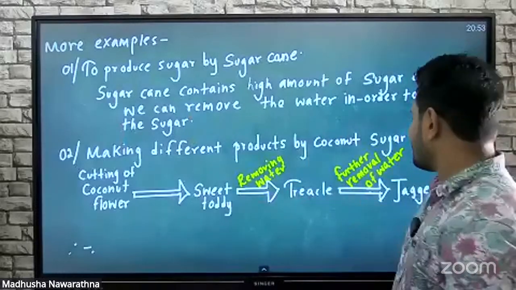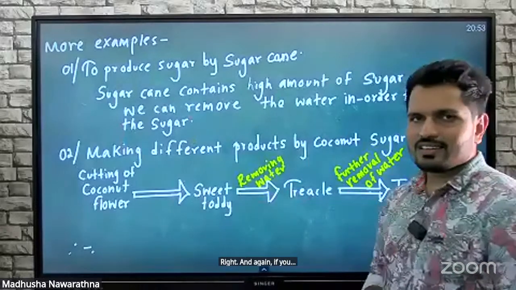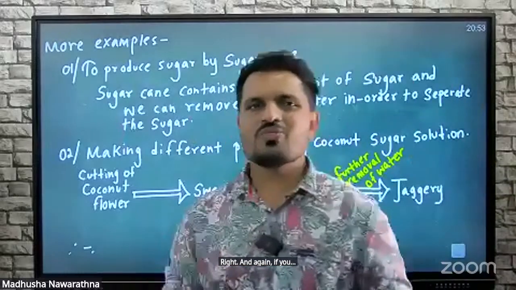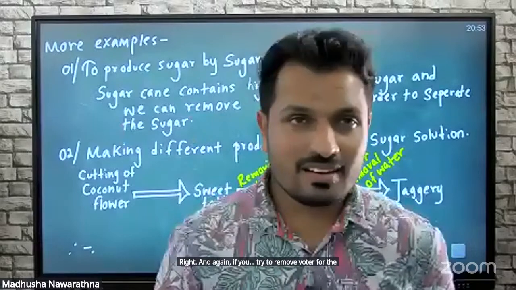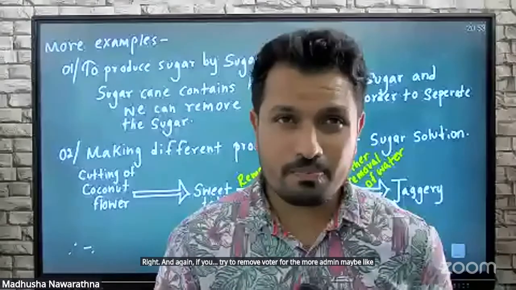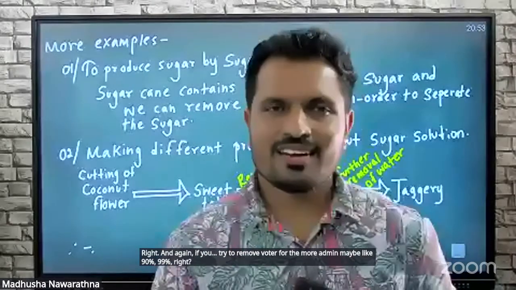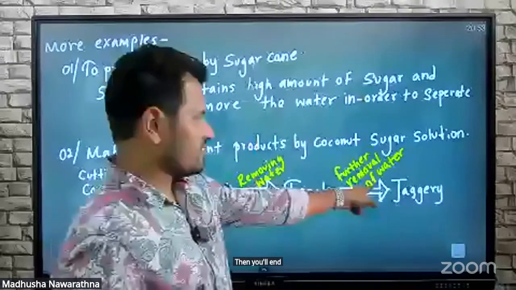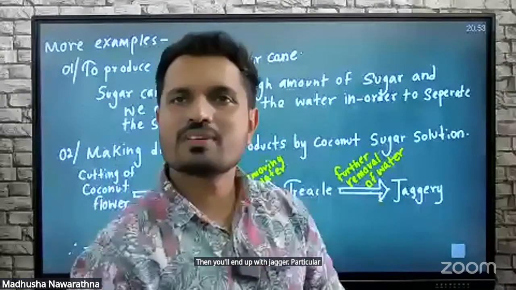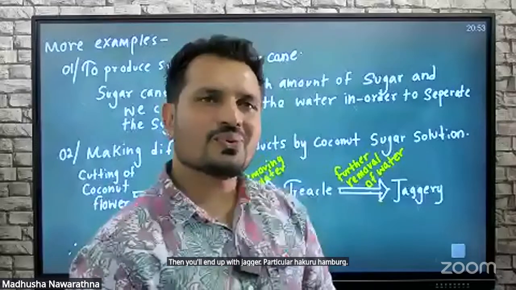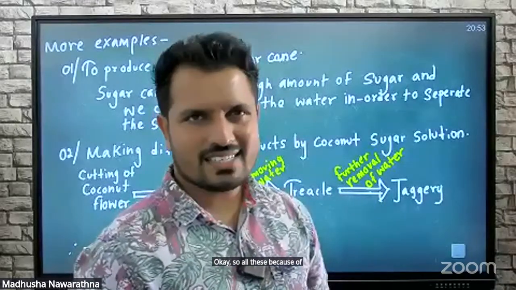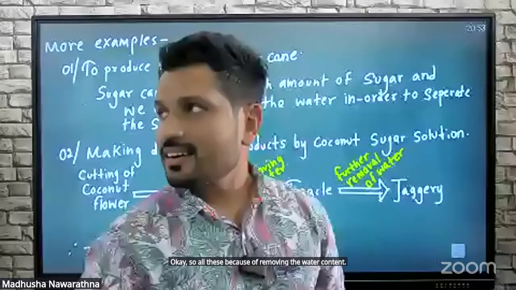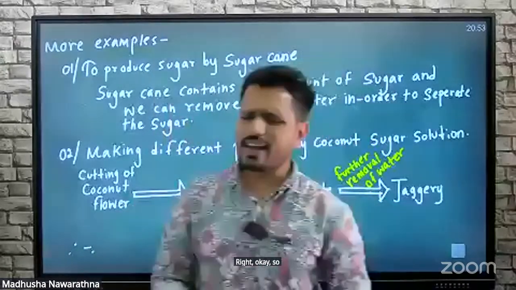And again, if you try to remove water even further, maybe 90%, 99%, then you'll end up with jaggery. So all this is because of removing the water content. Okay, so that's all about water as a solvent.